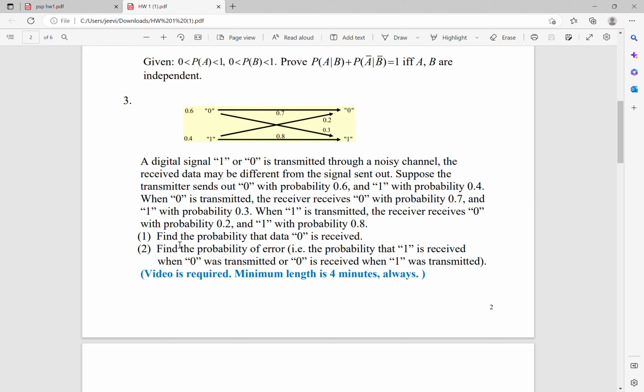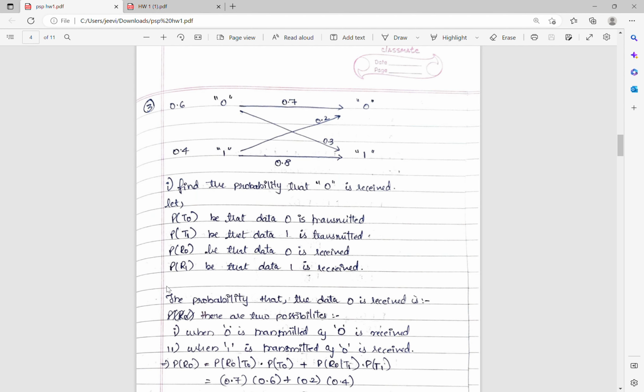Now in the question, we are asked to find the probability that the data 0 is received. So let's see the solution.